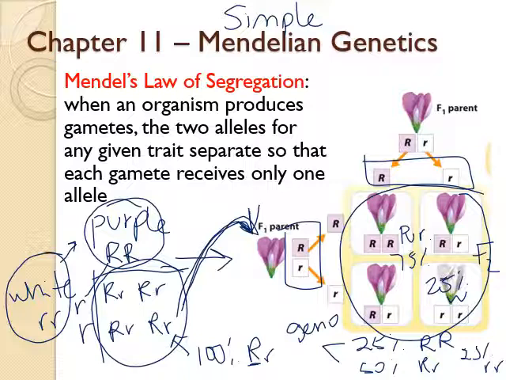So keep this in mind, especially when you do exercises, which I think you'll probably do in lab coming up, that you always want to use the same letter. If you use different letters, it gets really complicated. So I know that R doesn't really necessarily represent white or purple, but it'll get a lot less complicated than if you use W and P, because then you don't really quite understand where the dominance lies, right? So be careful with that.